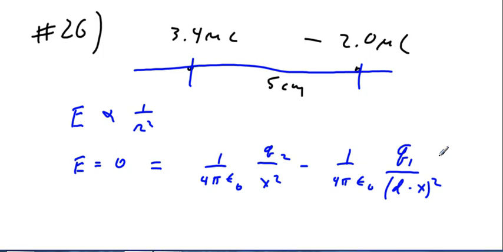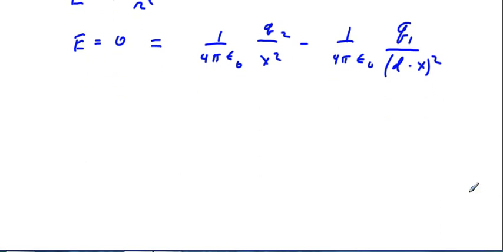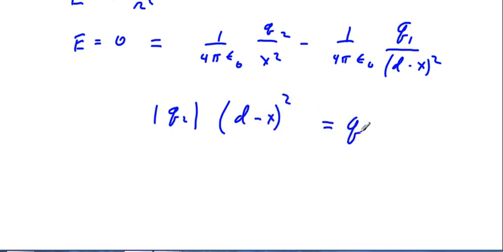Well, the 4 pi epsilon naughts can go away, and we can have that absolute value of Q2 times the quantity d minus x squared has to equal Q times x squared. Okay, so that has to be the case.